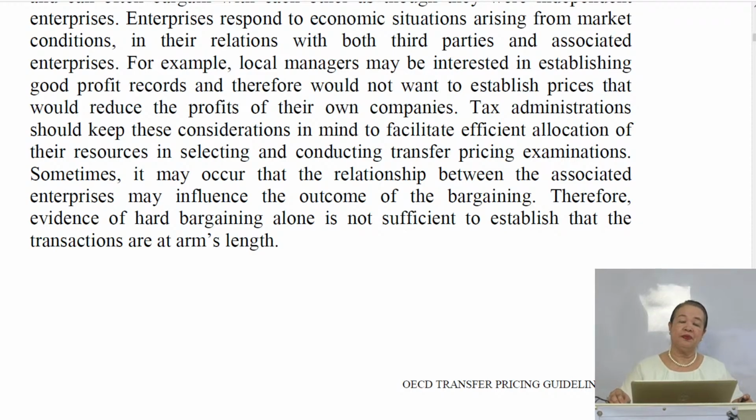These related parties, or the enterprises, have to respond to both, because they are not doing business with just the related parties. They are also doing business with the independent parties. That's why they have to adjust or to manage both transactions between related parties and between independent parties.